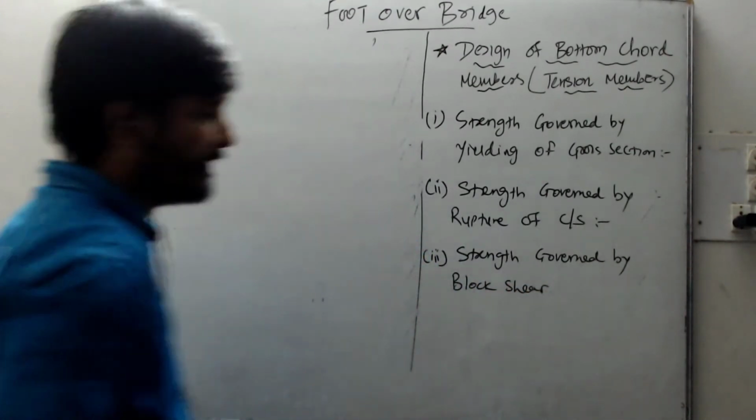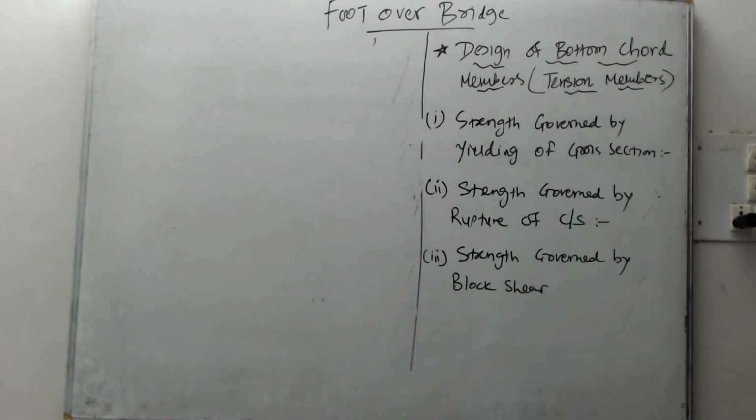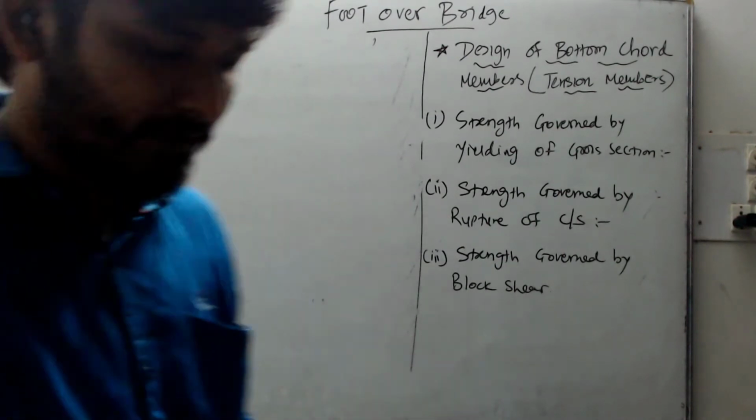This is again given in the IS code, the formula is there, right? So strength governed by block shear, TDB1 and TDB2, right? So let us see the formula for this in the IS code.